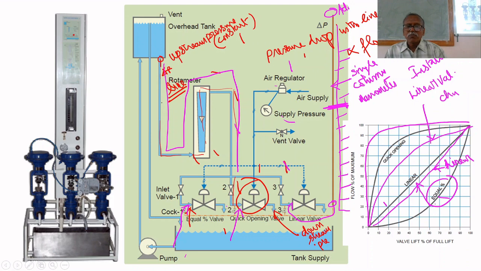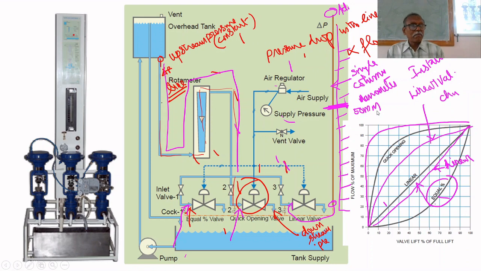Suppose, let us assume, that for maximum flow rate the water column is 50 mm. I do not remember the actual value, so let us assume 50 mm.